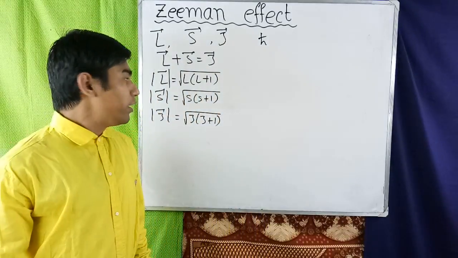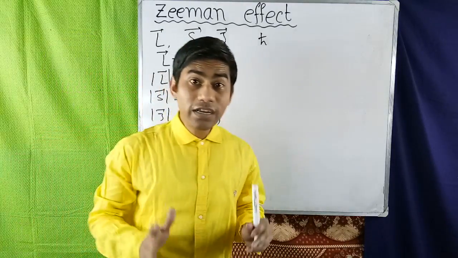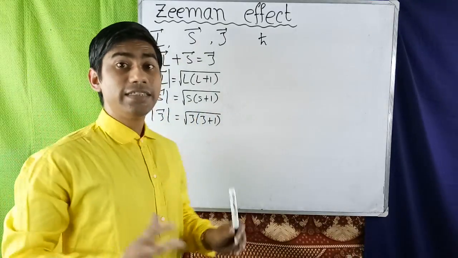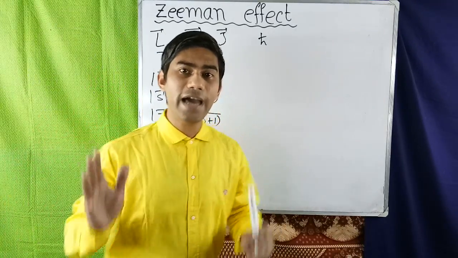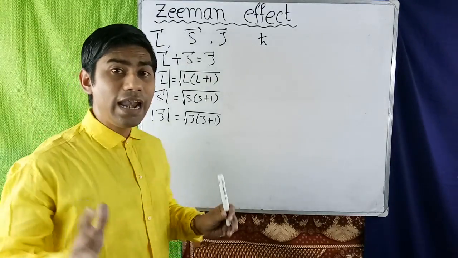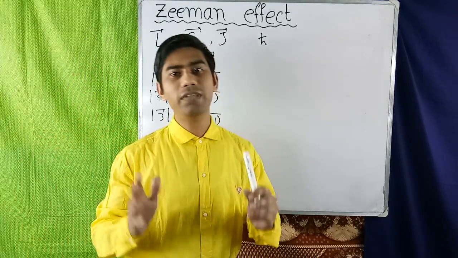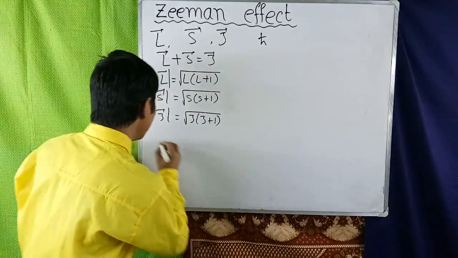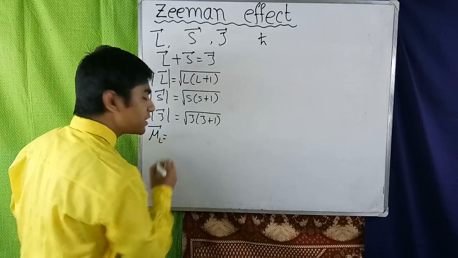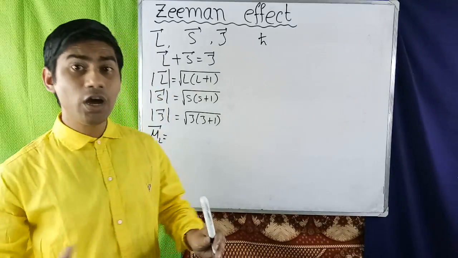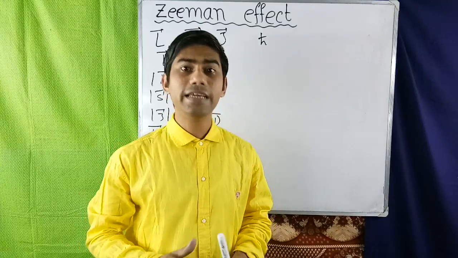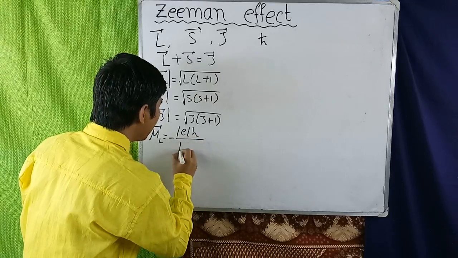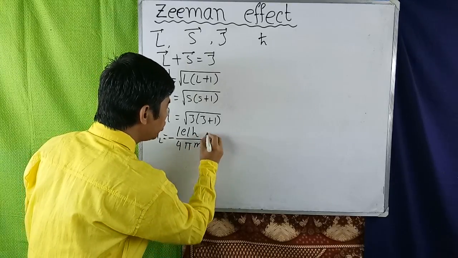Okay. Now here L is the total orbital quantum number of the atom. S denotes the total spin quantum number of the atom, and J is the total angular momentum quantum number of the atom. Okay. Now the magnetic dipole moment mu L, due to the orbital motion of all the electrons of the atom, is given by mu L equals minus eh by 4 pi me into L vector.